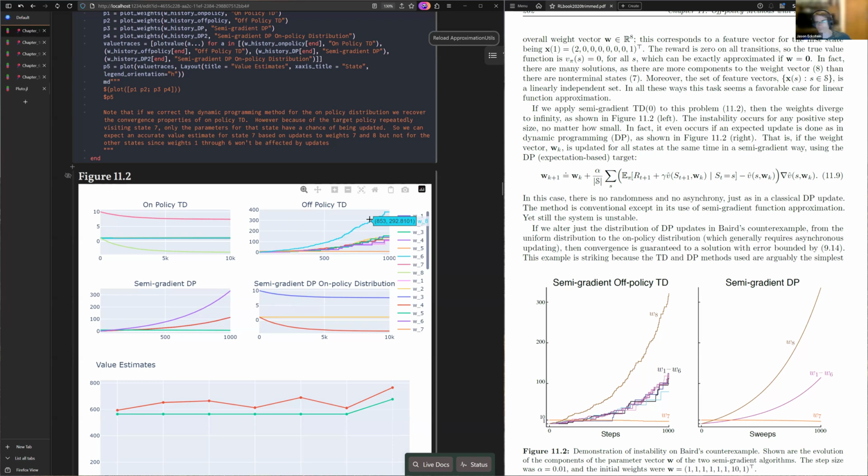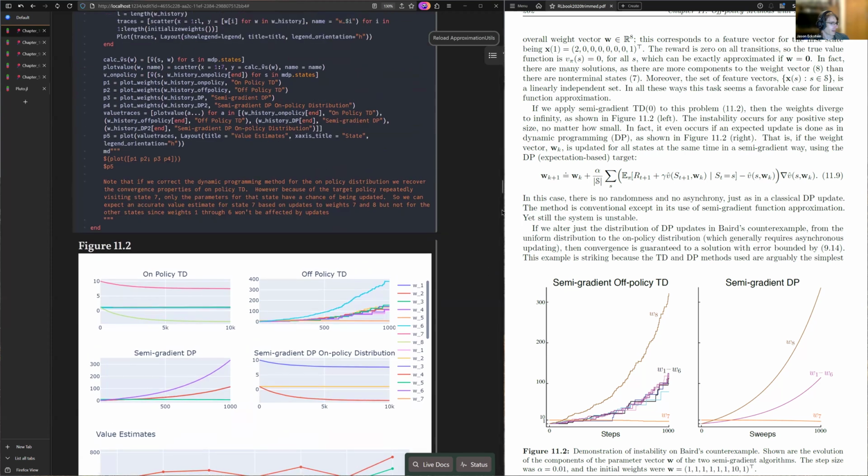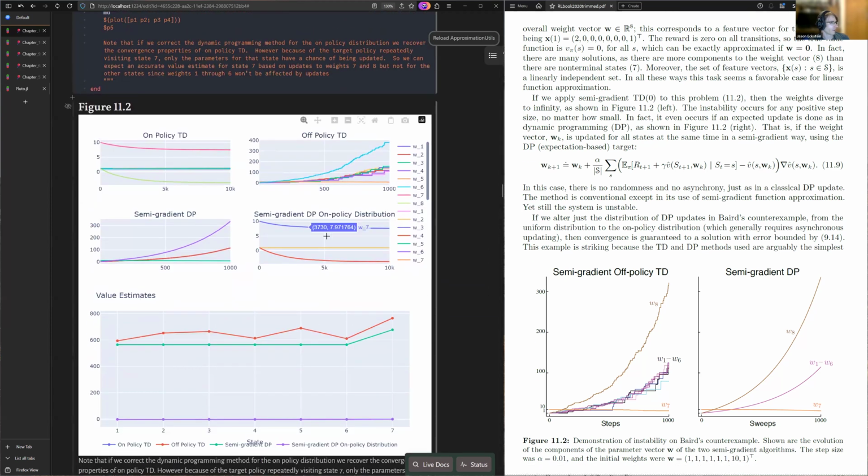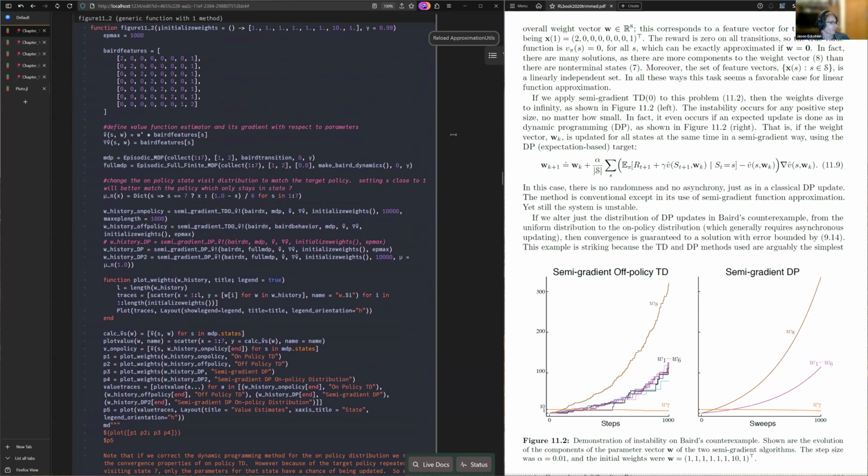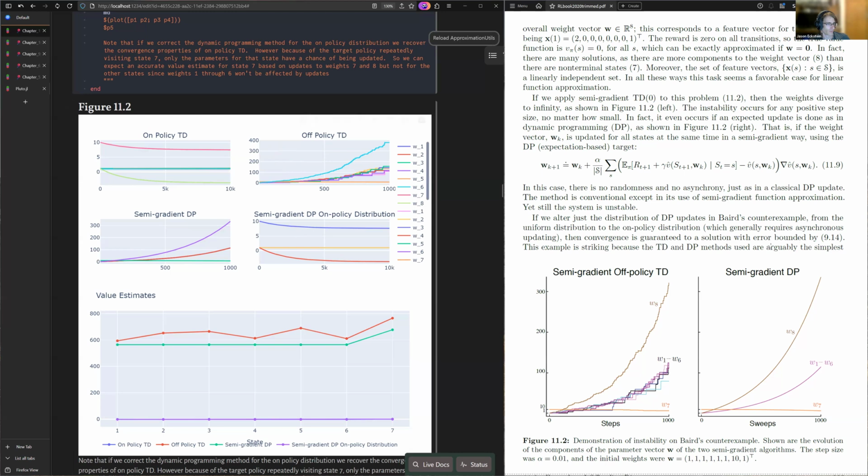But in both of these cases, the trajectory being followed is from the behavior policy. And that's where you see these weights all diverging, and the values diverging. And then this is showing the DP update I already showed, where the weights are not diverging. And then this is doing it with temporal difference learning where you're sampling, and you see that there's no divergence in these cases.